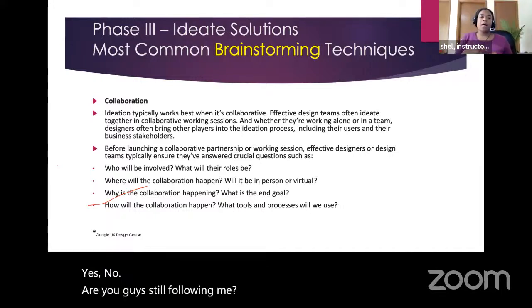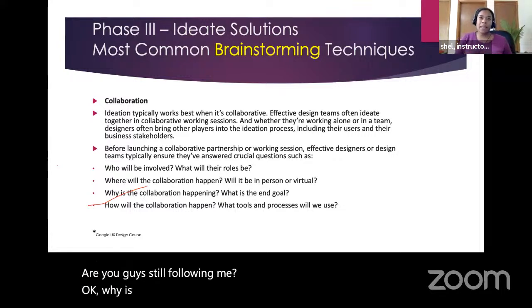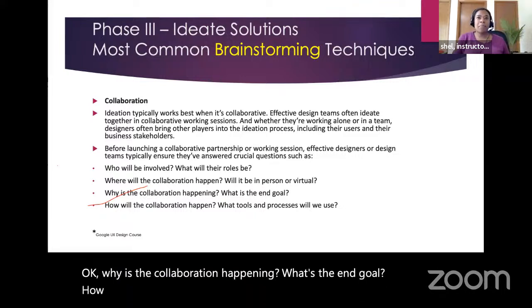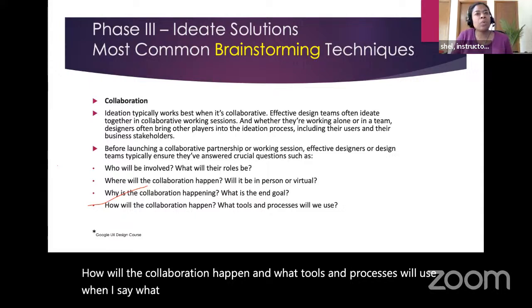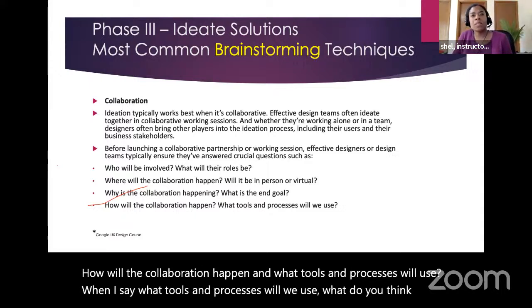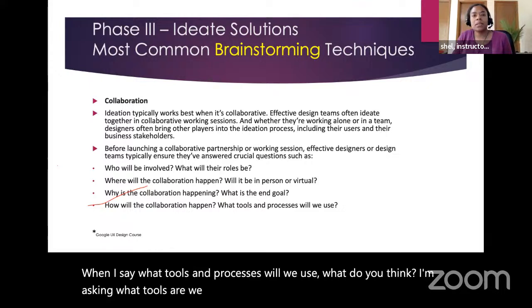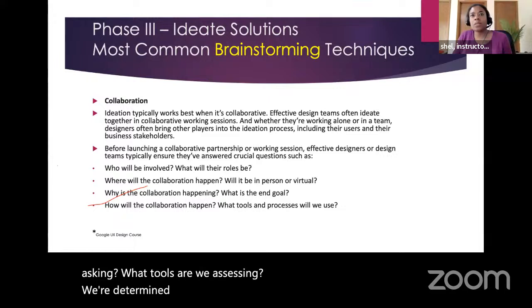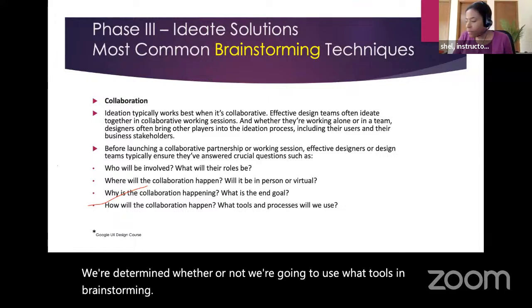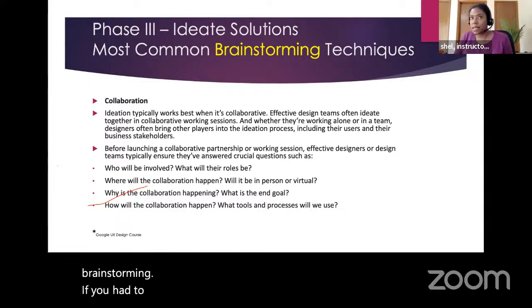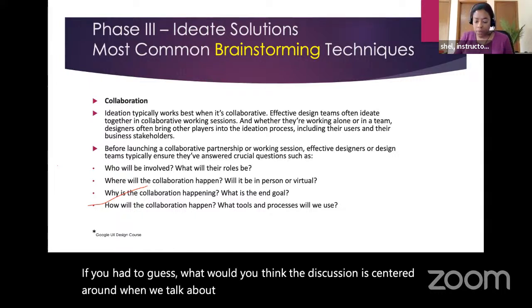Okay. Why is the collaboration happening? What's the end goal? How will the collaboration happen and what tools and processes will we use? When I say what tools and processes will we use, what do you think I'm asking? What tools are we assessing? If you had to guess, what would you think the discussion is centered around when we talk about tools?